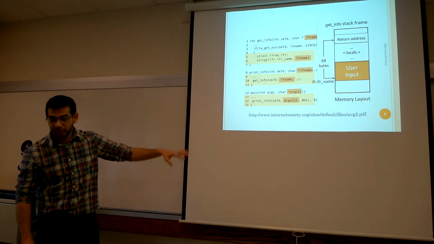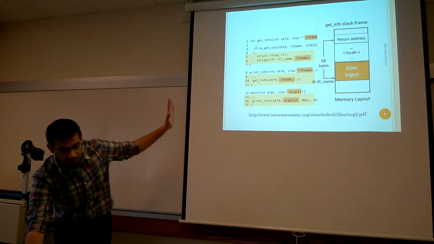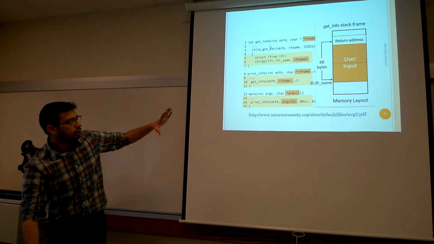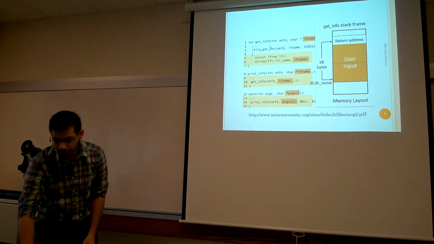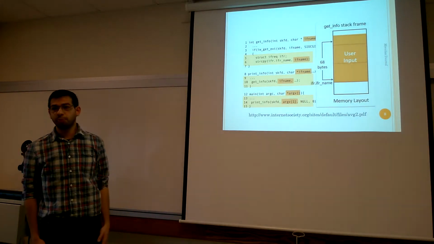Ideally, it should behave like that. But what would happen if the user gives an input that is too big for the buffer to handle? It would overwrite the local space, and if it is even bigger than that, it can even write up to your return address.